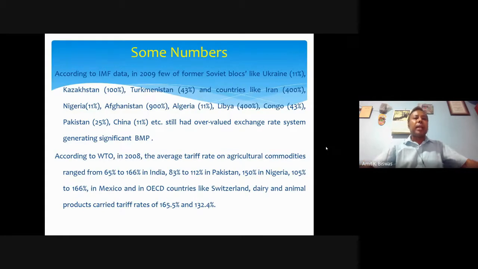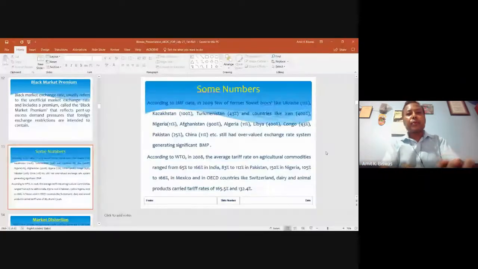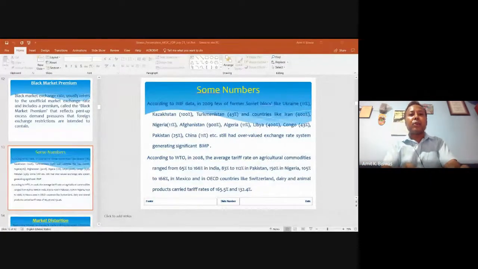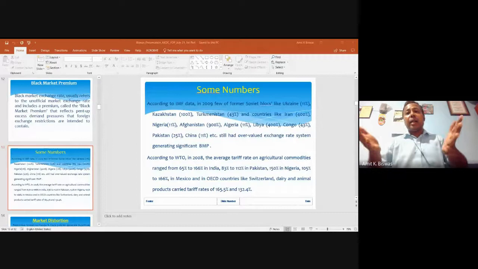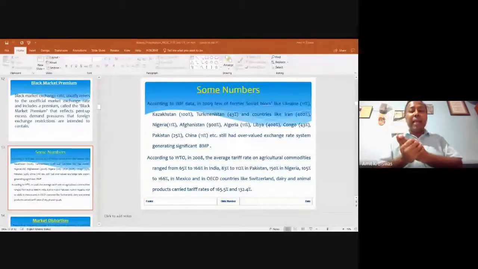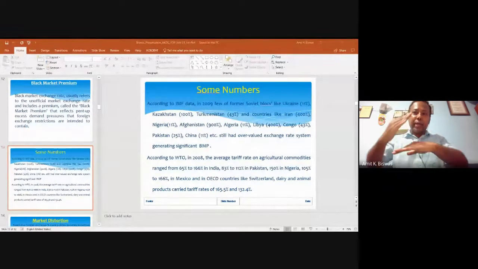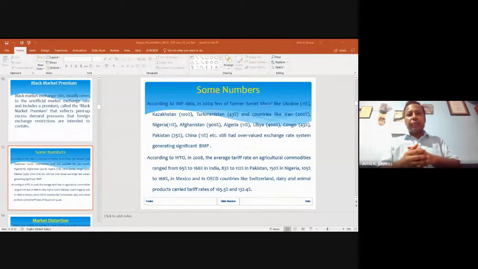Most of you perhaps know Switzerland is a country of chocolates. Most of the famous chocolates come from Switzerland, and they have very high quality milk and cheese. So to protect their homegrown dairy, Switzerland has had a tariff in the range of 150%.